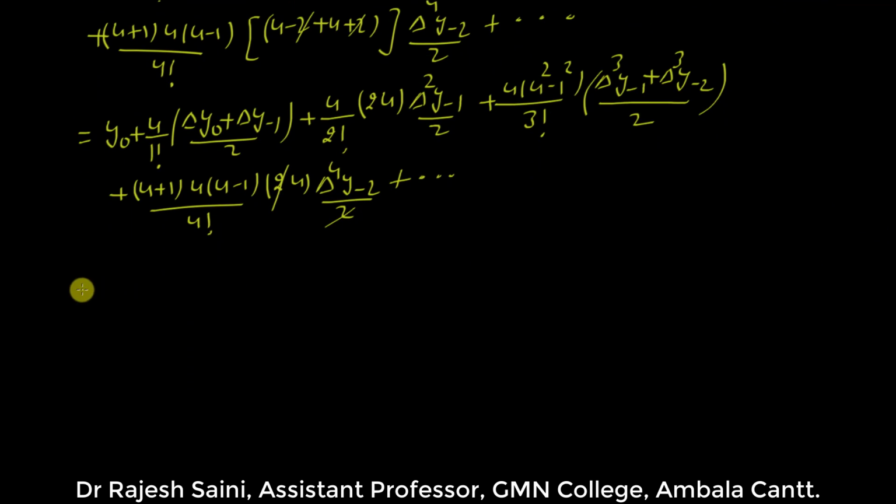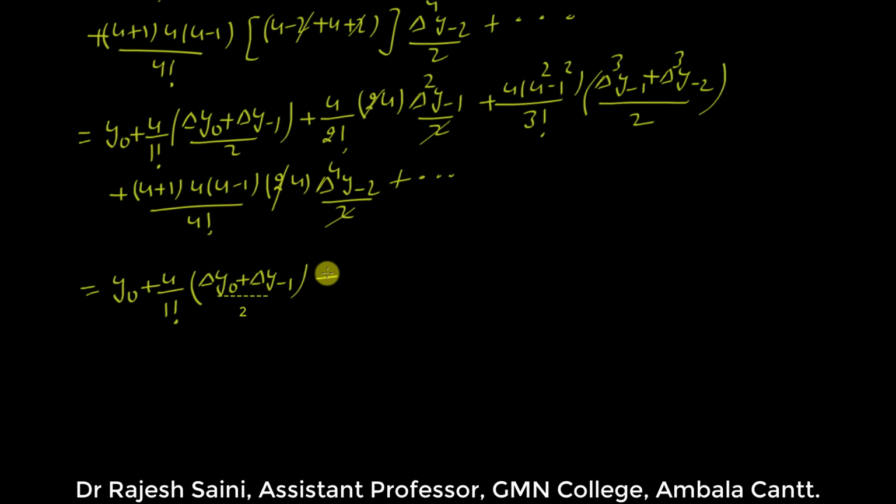So this is further equal to y naught plus u by 1 factorial delta y naught plus delta y minus 1, and 2 to 2 will cancel out.